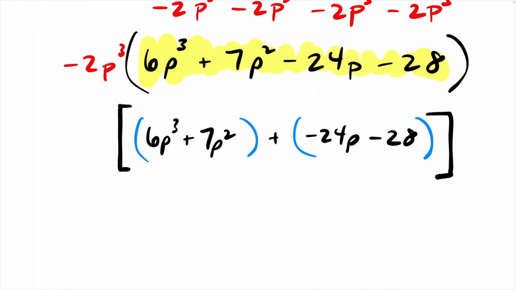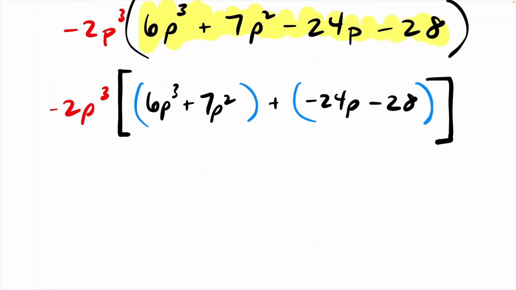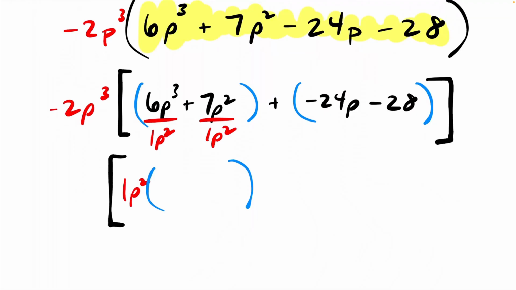Okay, GCFs. The first blue parenthesis group, looking for GCF. So what is the GCF for those guys? I think it's just going to be 1p squared, right? 1p squared, yeah. So that'll leave 6p plus 7.